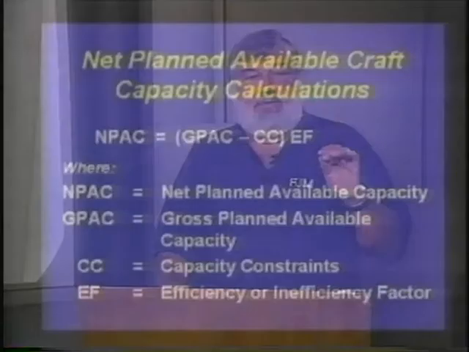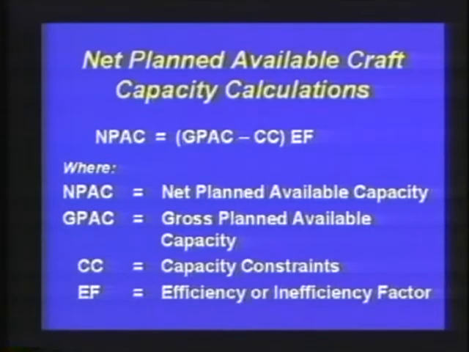Now, moving on to page number 3, here is where we have our formula for craft capacity planning. The formula, as indicated, reads net planned available capacity is equal to the gross planned available capacity, that's payroll, minus the capacity constraints, and that difference is multiplied by the efficiency or inefficiency factor.